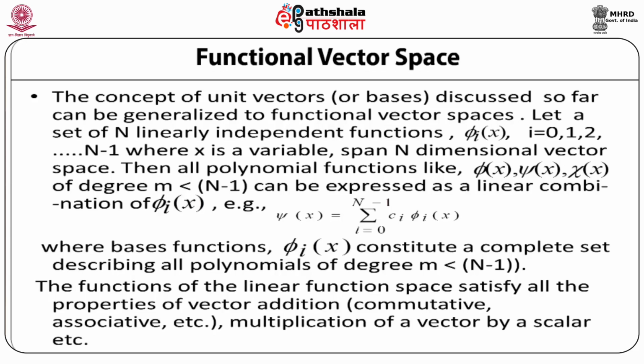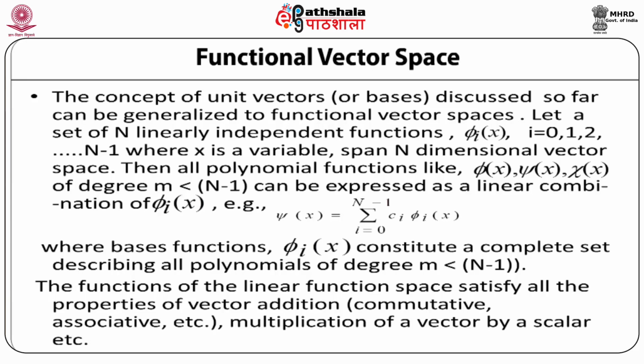Let a set of n linearly independent functions phi_i(x), that is phi_i as a function of x, where i is going from 0, 1, 2, and so on till n minus 1, and where x is a variable, span the n-dimensional vector space.